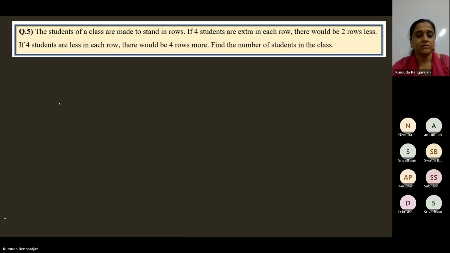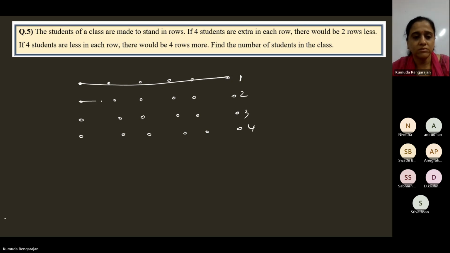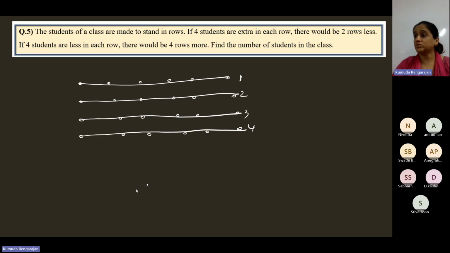Okay. So how many rows? 1, 2, 3, 4 rows, right? Rows.